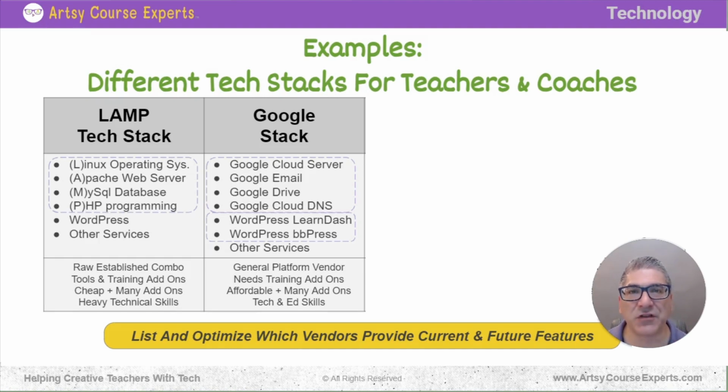It provides all these tools, not only for your services, but also for your team to collaborate. And then you add in your training capabilities. It's affordable. You've got a few extra add-ons, but then you're going to need some technology and educational skills to set up those online courses, the communities, etc.